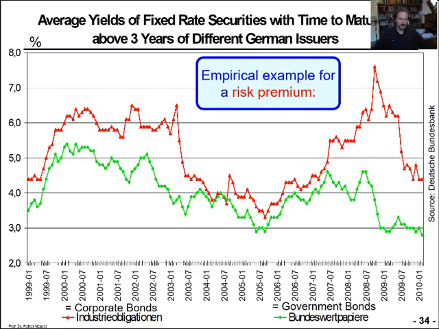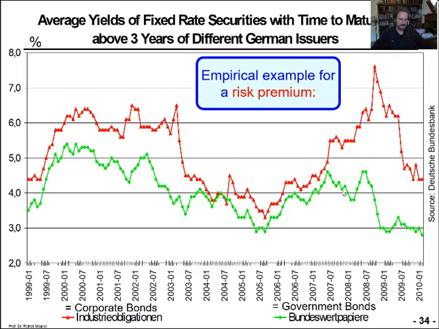To the contrary, in the course of the year 2008, the so-called subprime crisis happened. And in September 2008, the big American bank Lehman Brothers went bankrupt. So the default risk of an investment in corporate bonds became higher.